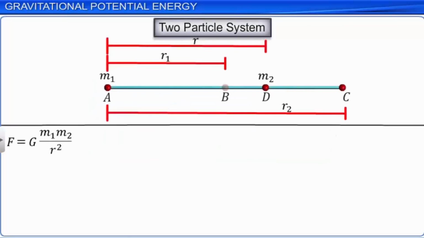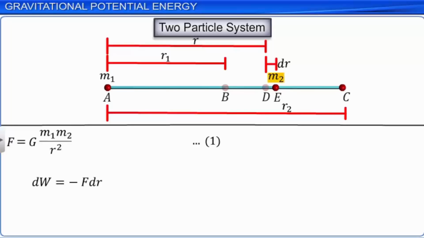If the particle is moved through an infinitesimally small distance, dr, as shown, the work done by the gravitational force on the second particle is denoted by minus f dr. On substituting f in this expression, you get minus G m1 m2 divided by r square into dr. Let this be equation 2.